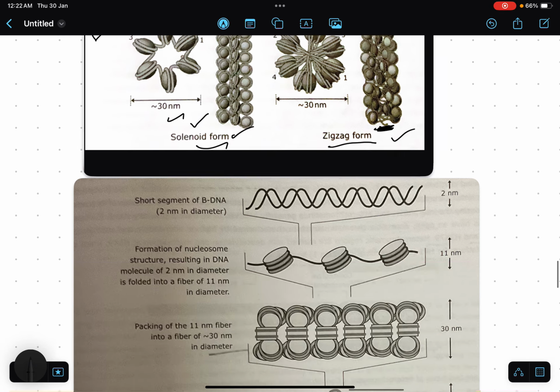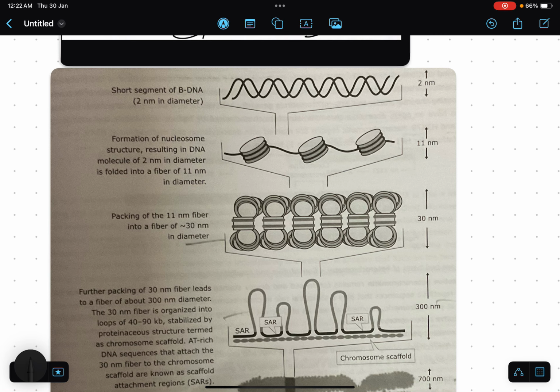Now if we see further, the DNA with 2 nanometer fiber assembles into 11 nanometer fiber if it is coiled around the histone.